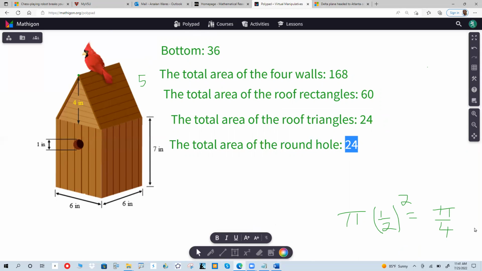I don't have a good way of writing pi over 4, so I'm going to be a little sloppy. I'm going to leave a little room, and I'm going to write my pi here. Now, pi is a number, right? 3.142. You're going to take 3.142 divided by 4. Let's see what we get.